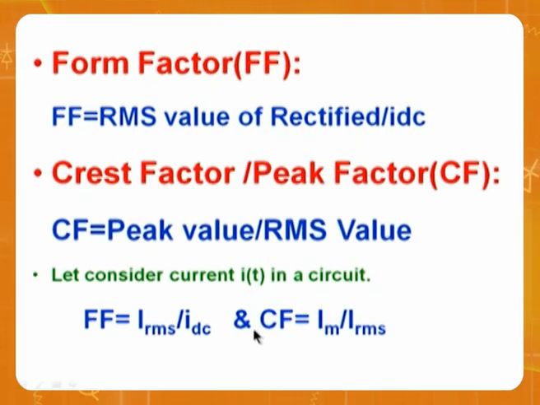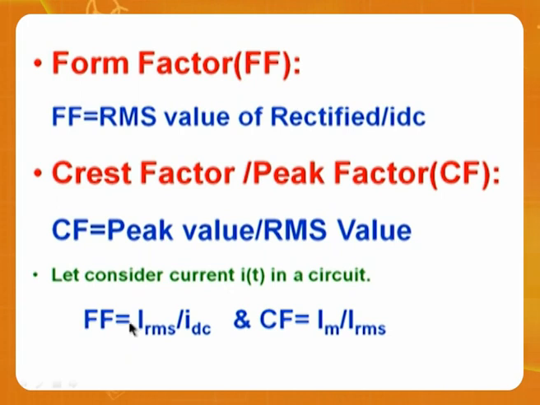Third definition, form factor: the RMS value of the signal divided by the DC value. Then the crest factor or peak factor. It is more commonly called the crest factor, but it can also be called the peak factor, because it is defined as the peak value divided by the RMS value.